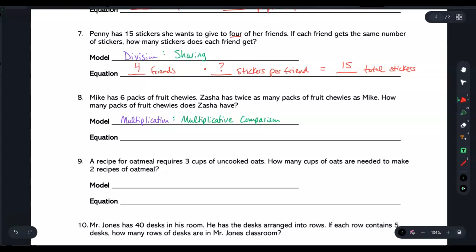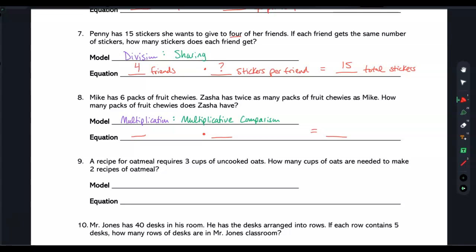So for our setup, we would have the first number in a multiplicative comparison be the number of objects. And then the second number would be however many times more or however many times as many. And then that's going to equal the total.